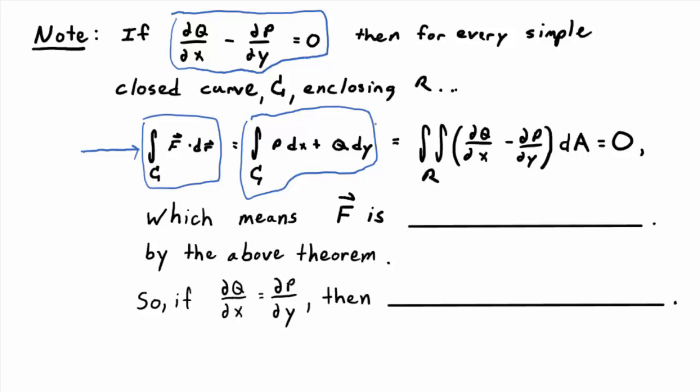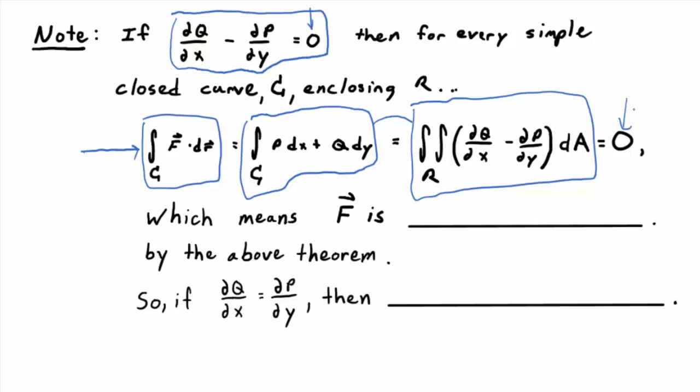For Green's theorem, it's equivalent to saying that the double integral with integrand dQ/dx minus dP/dy dA is equal to the line integral for closed curves. And if we know the integrand is equal to 0, then certainly the value of the integral is equal to 0. The double integral, that is. Does that make sense? Okay.